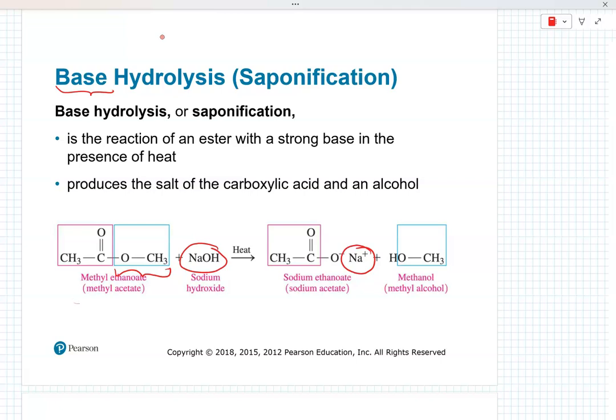So for instance, if you take methyl acetate, treat it with sodium hydroxide, and heat it up, you're going to end up with a salt, sodium acetate, and methyl alcohol. Does that make sense to you folks?